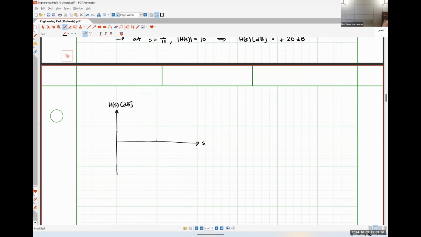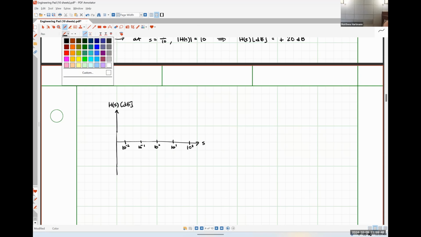I'm going to put 10 to the 0 here in the middle. So this would be 10 to the minus 1, this would be 10 to the minus 2, this will be 10 to the positive 1, this will be 10 to the positive 2, and so on and so forth. So at s equal to 1, it was 0 decibels.